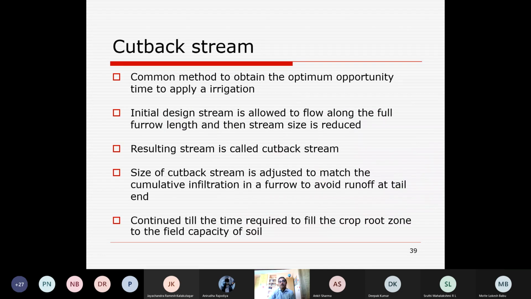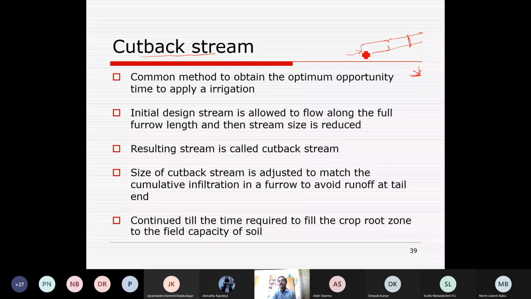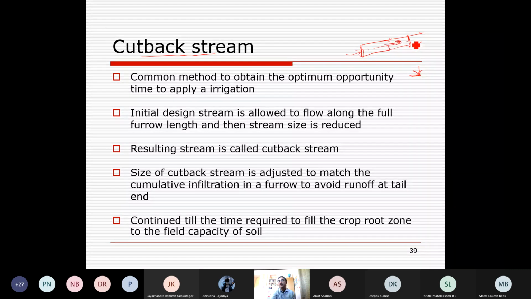There is again, if you recall the infiltration curve, the cutback, means the stream is reduced in size or stopped as well. We are supplying water from here and the channel is so long, our field is so long, that after this particular point we remove the supply of water, and whatever water is stored in this portion of the channel will cover the remaining area.